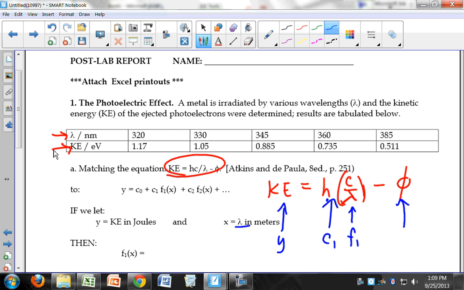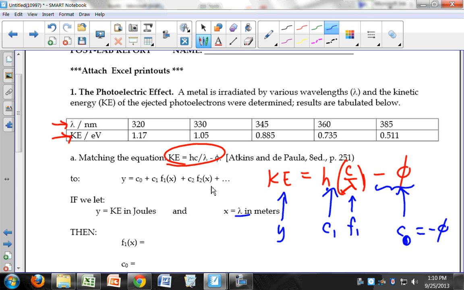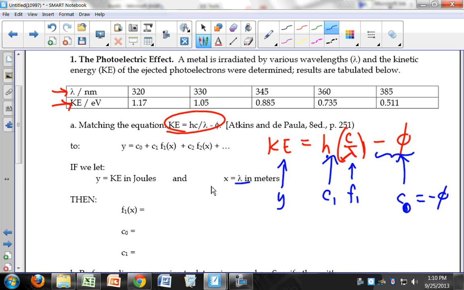And this is what? C2, C naught, right? C naught is negative the work function. That's not a function of lambda, see? So that's your F0. F0 is 1, right? So this is really just a straightforward linear regression, equation of a straight line.